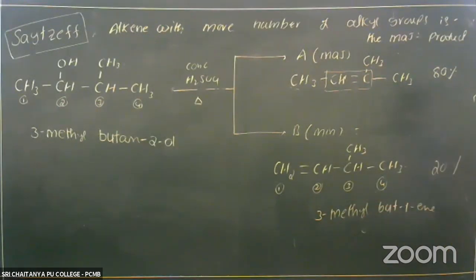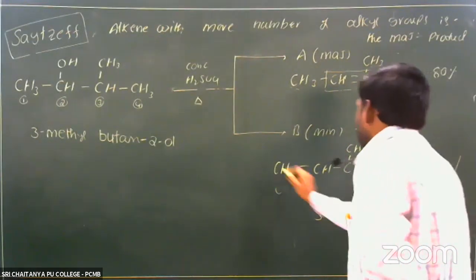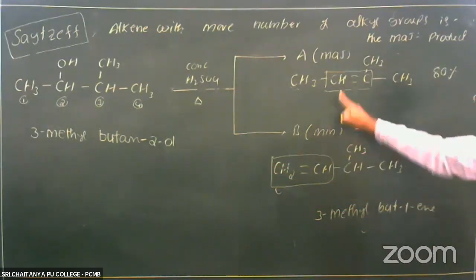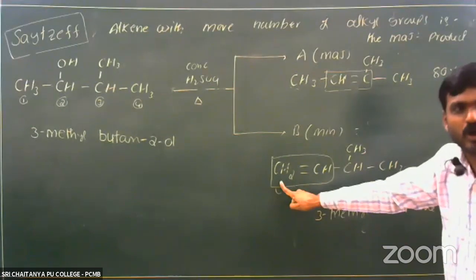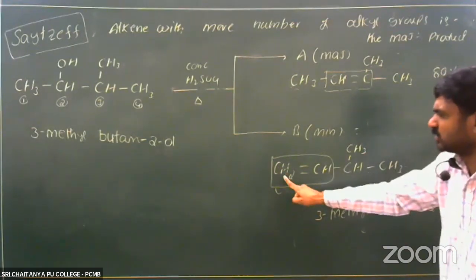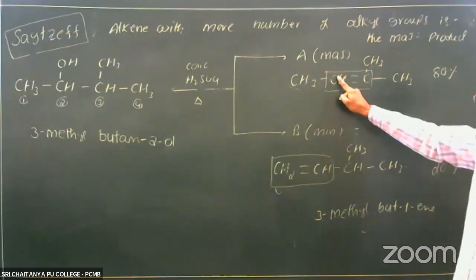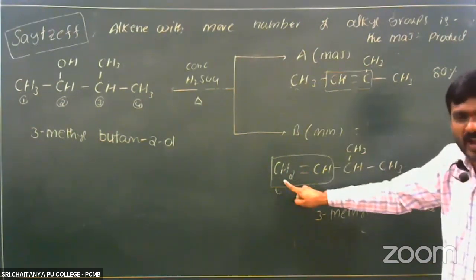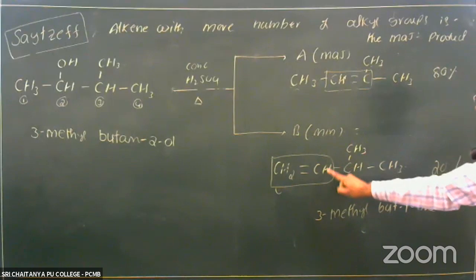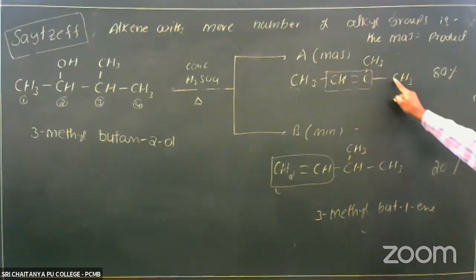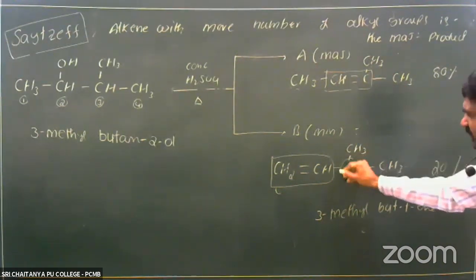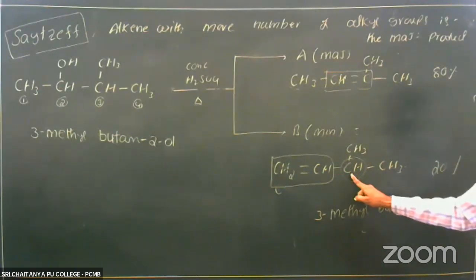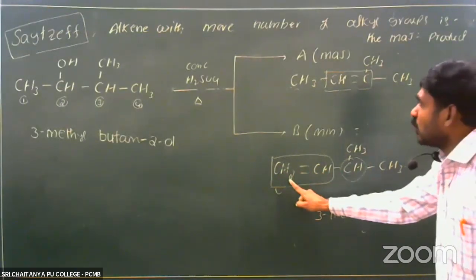Take the second compound. These two are double bonded carbons. The first carbon has no alkyl group; it is attached with 2 hydrogens. But this double bonded carbon is attached with the methyl. We consider only this carbon atom, so it is attached with 1 carbon and 2 hydrogens.